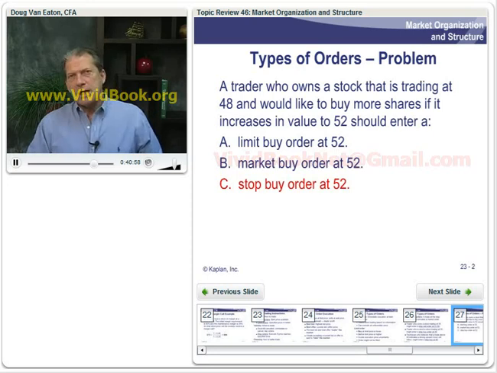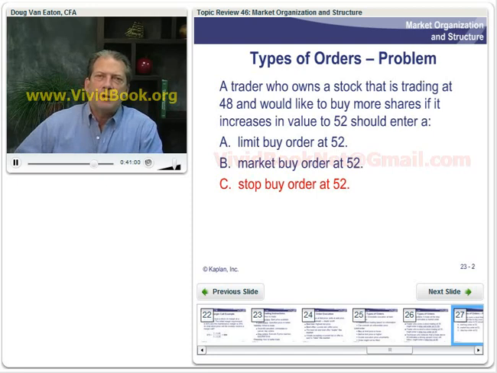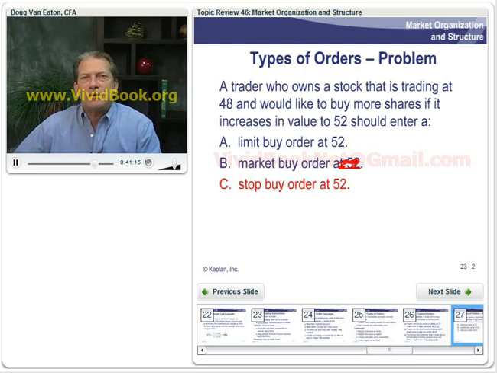What I wanted to highlight through this problem is that if we put a market buy order at 52, well, there's no 52 on a market buy order; a market buy order doesn't have a price on it. A limit buy order at 52, what happens if we enter that order? Well, the stock's currently at 48, and we're saying, I'll buy it at 52 or better.